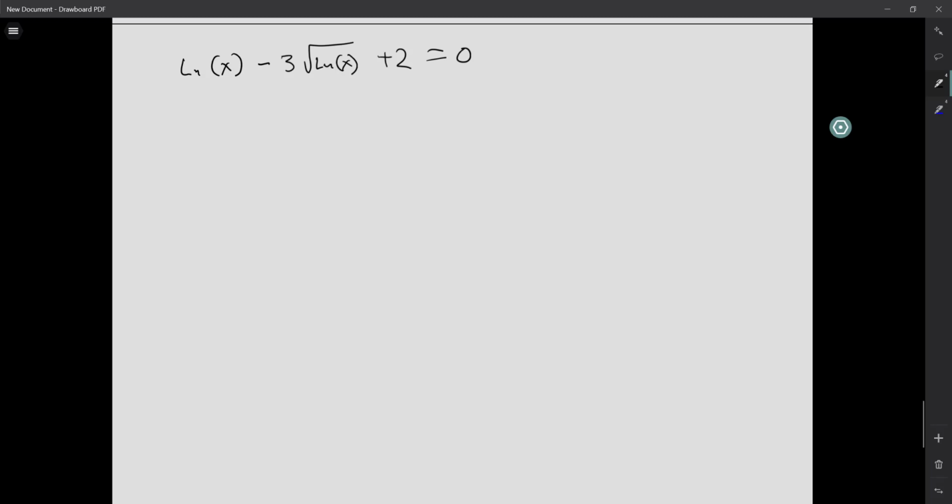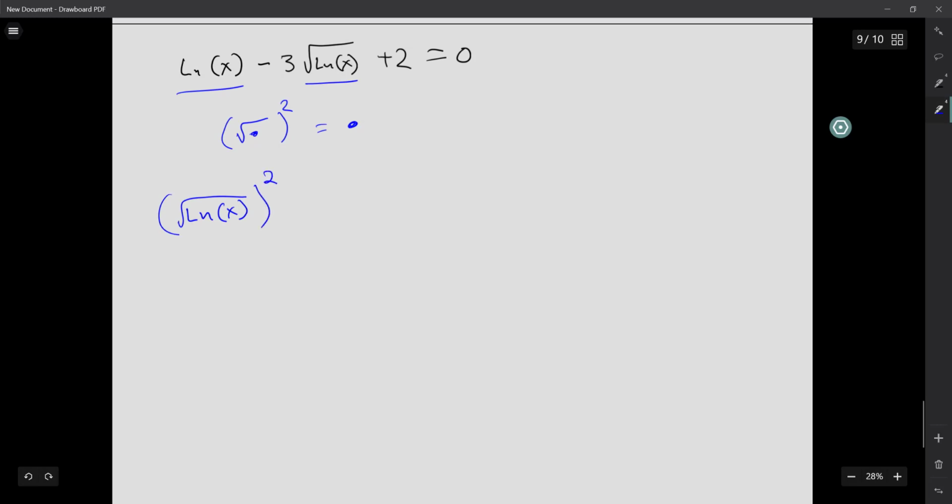We had an x and a square root, and we wanted to decompose it into component functions. The thing we want to see is that if I take a square root and I square it, I just get whatever's inside. So I can look at this first term as the square of a square root. So this is the square root of natural log of x, all squared, minus 3 square root of ln of x plus 2 equal to 0.